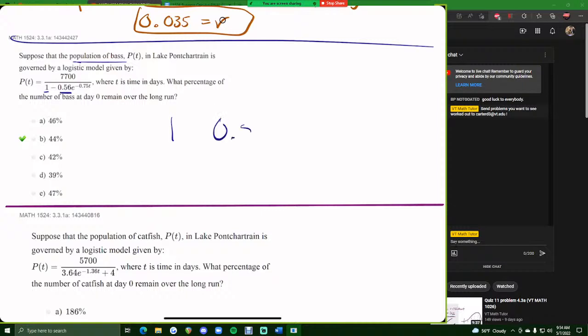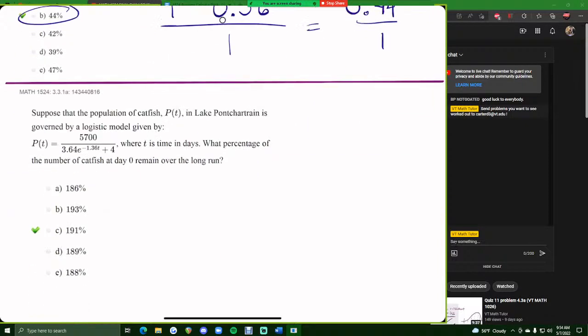That is 0.56. And then there's an operation between the two, either addition or subtraction. Whatever there is, you do that with those two numbers. And then you will always divide by the value that's not attached to the E term. That's the 1. This will give us 0.44 divided by 1, or 44%.